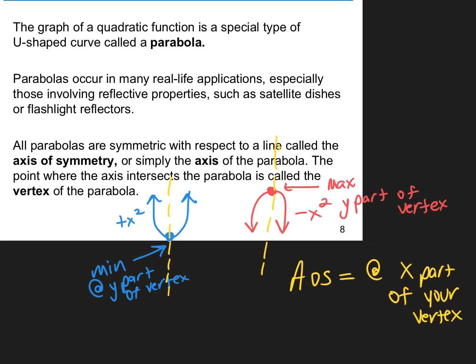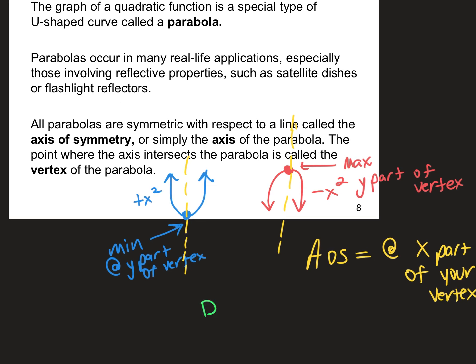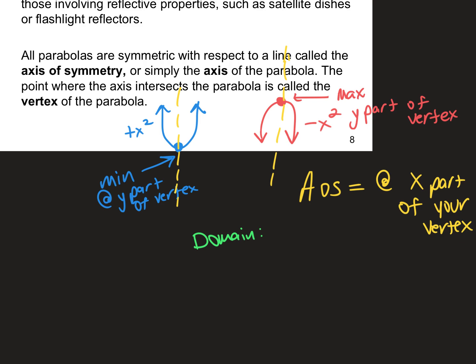We're also going to talk about domain and range. Domain is x values, range is y. For the parabolas that we're talking about, our up and down parabolas, your domain is always going to be the exact same thing every single time. It's going to be negative infinity to positive infinity. Because what do the arrows at the end tell you that the parabola is doing?